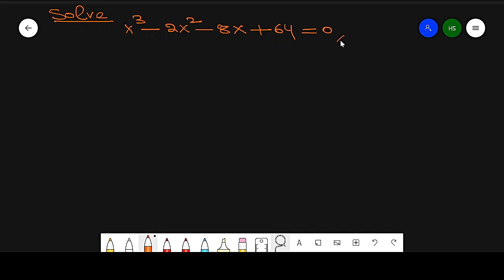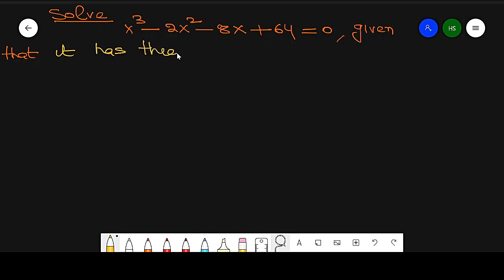Given that, so what is given? Given that it has three distinct roots of equal modulus.